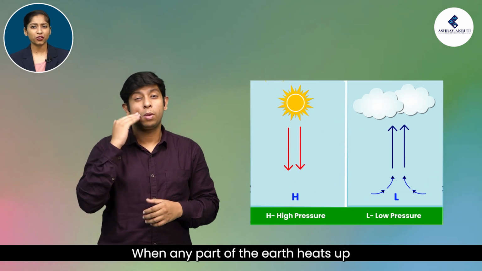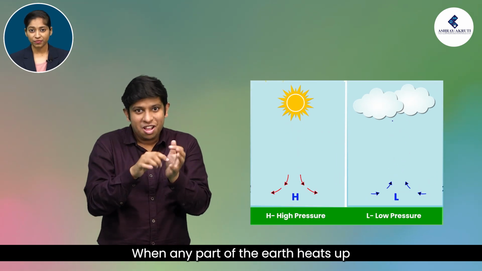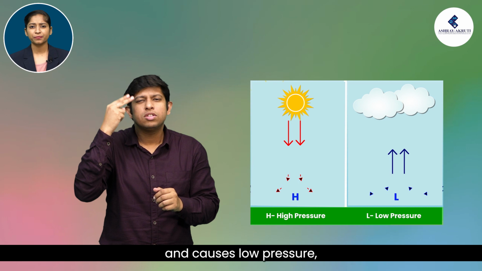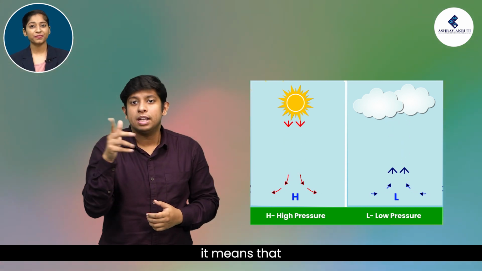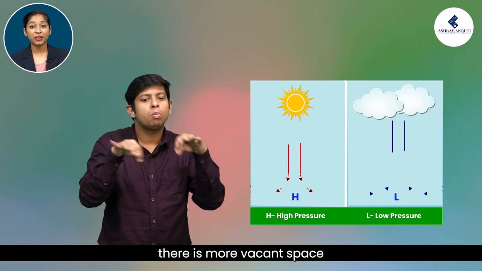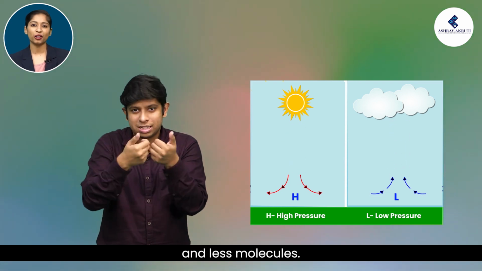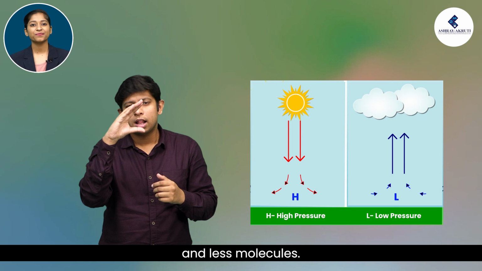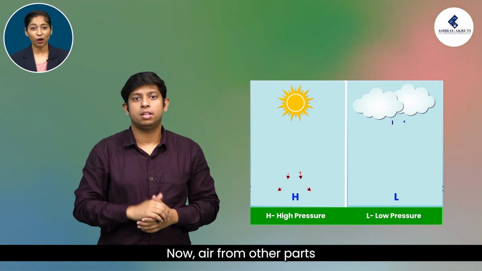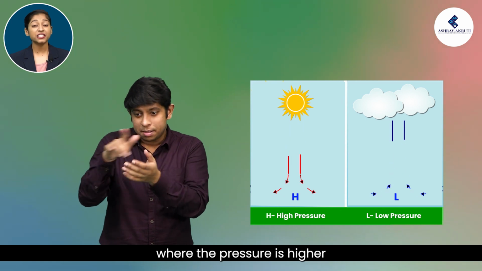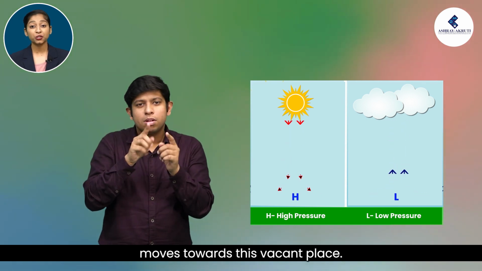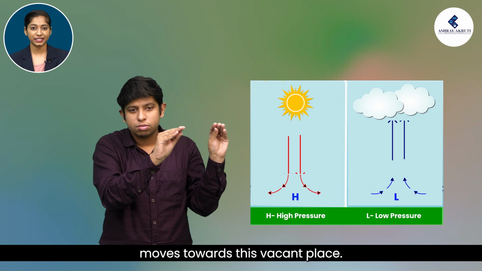When any part of the Earth heats up and causes low pressure, it means that there is more vacant space and fewer molecules. Now, air from other parts where the pressure is higher moves towards this vacant place.